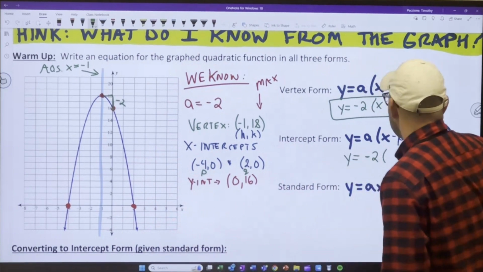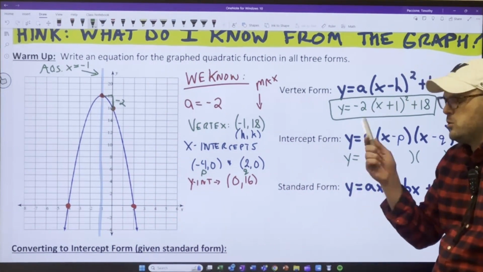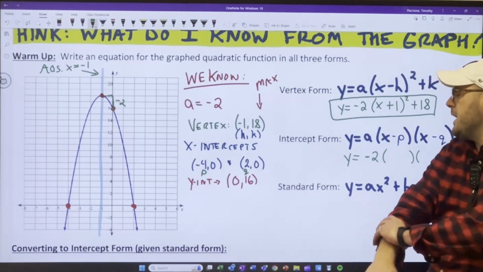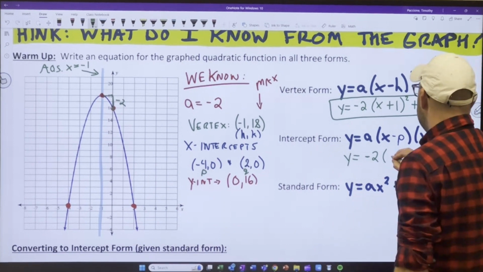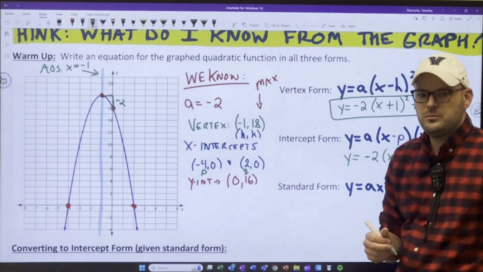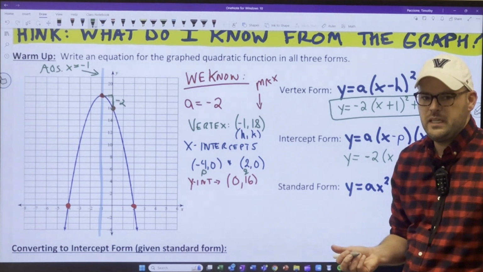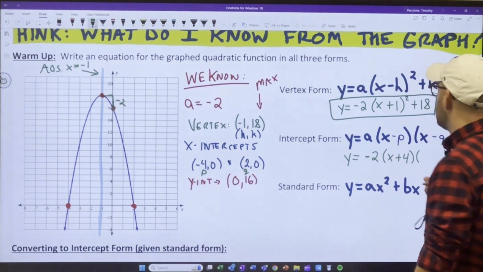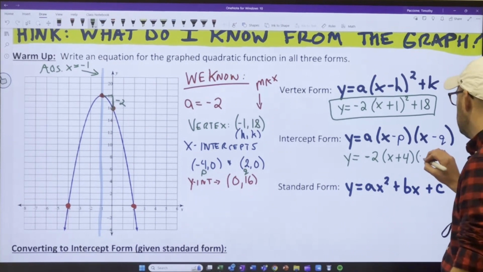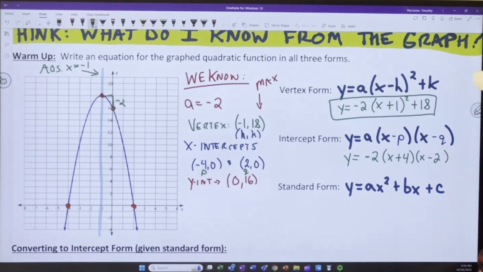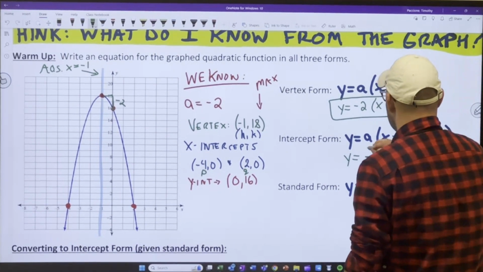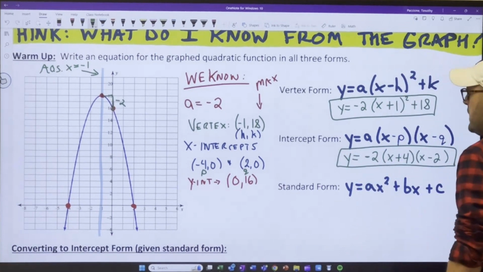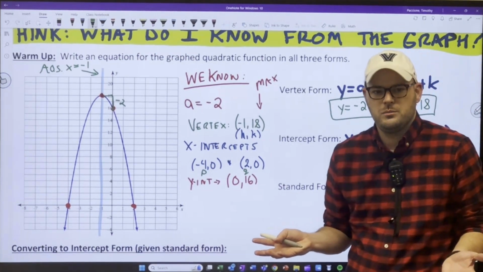It doesn't matter which one. You could say q and p if you wanted to. So x minus negative 4, that's really plus 4. See how it flips the sign? And then x minus 2. Okay, now I have intercept form, right? Haven't really done too much math other than just plugging in what I know.